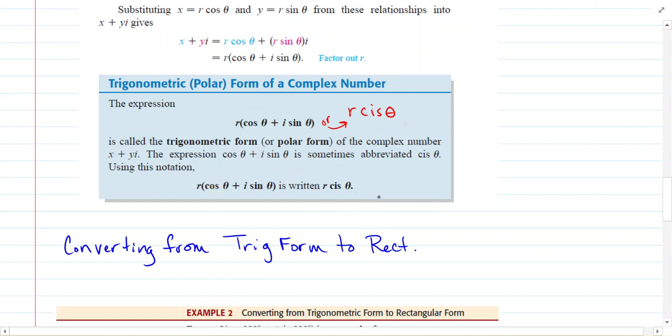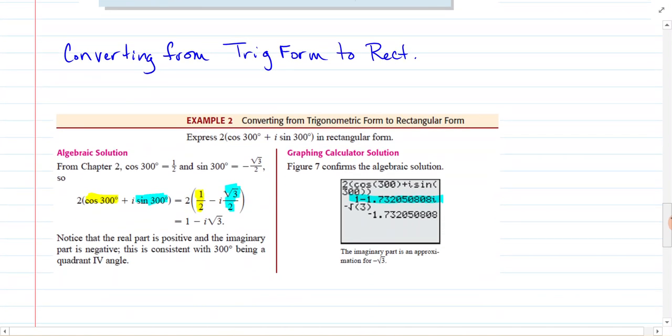Now that we know what the polar form is and the rectangular, we need to go from one form to the other. So if we're going from trig to rectangular, so if I have 2 cosine 300 plus i sine 300, we have to remember and look at our reference or figure out that cosine 300 is 1/2 and sine 300 is negative square root of 3 over 2.